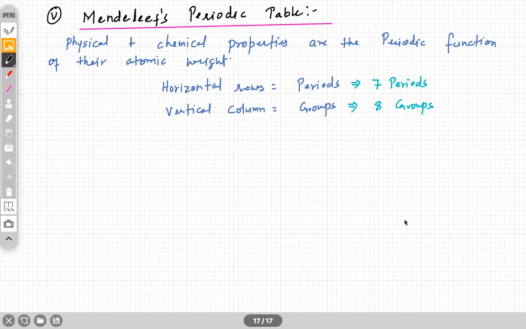Because of atomic weight only, Mendeleev's was also discarded after some time, right? But the conclusion that we get is that physical and chemical properties could be in a periodic manner. It may get changed with the elements. So the periodic thing was correct, but since he has taken atomic weight, that's why we discarded this later.